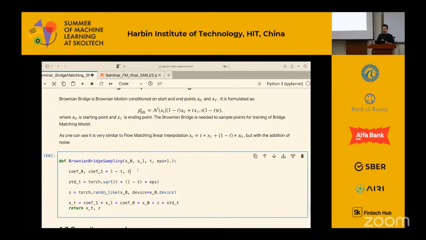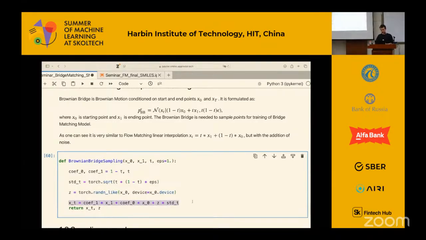And so the implementation of sampling from Brownian bridge is very similar to the flow matching one, because we have these coefficients, which is 1 minus t and t, just as in flow matching, but we also add a stochastic coefficient, which would be t multiplied by 1 minus t multiplied by volatility coefficient epsilon, and we sample some random noise.